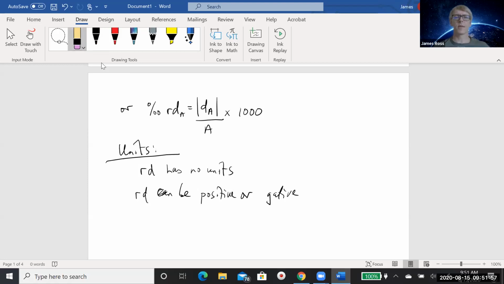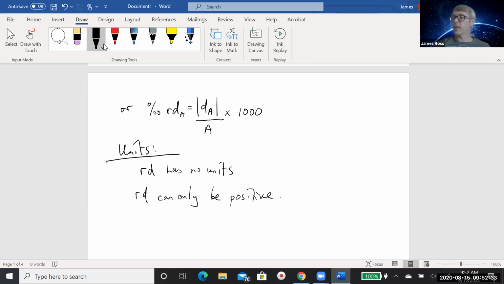Immediately erase. Can only be positive. I'm thinking while I'm recording this, that makes sense, right? If the numerator is smaller, you just multiply and divide, so you can't have a negative number. So relative deviation can only be positive.